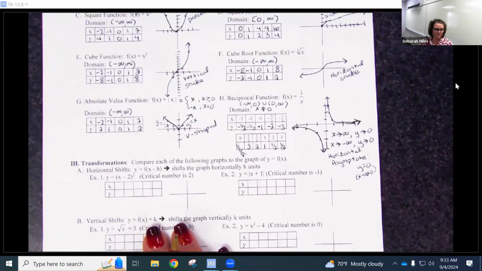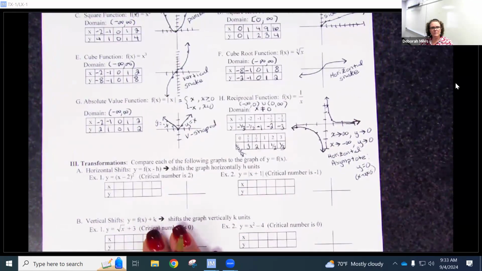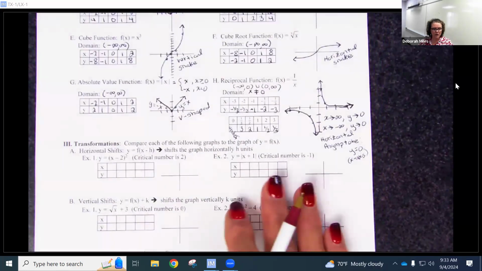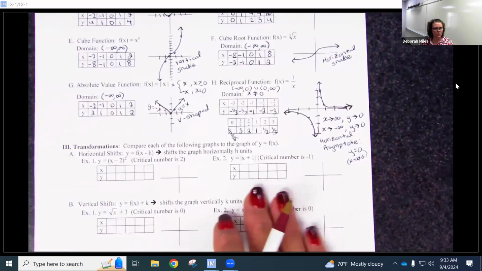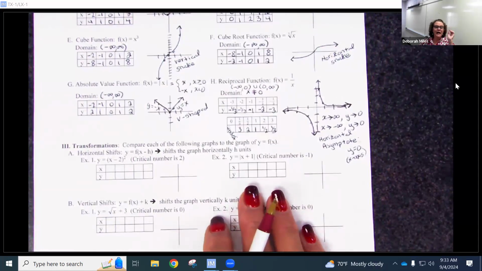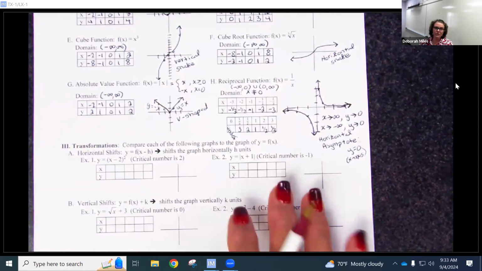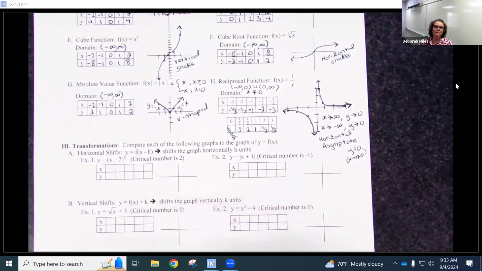Transformations of graphs. Now, I like this section because in the beginning, it may feel like, what the heck is going on and how did she know that? I can almost guarantee every one of you will have this light bulb come on by the time we finish our examples in this section.